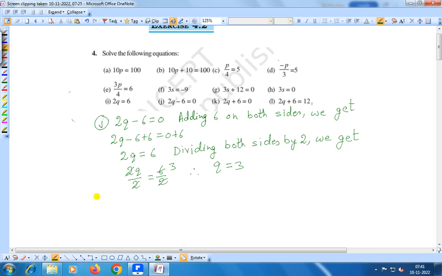Now, question number K. Question number K is 2q plus 6 is equal to 0.